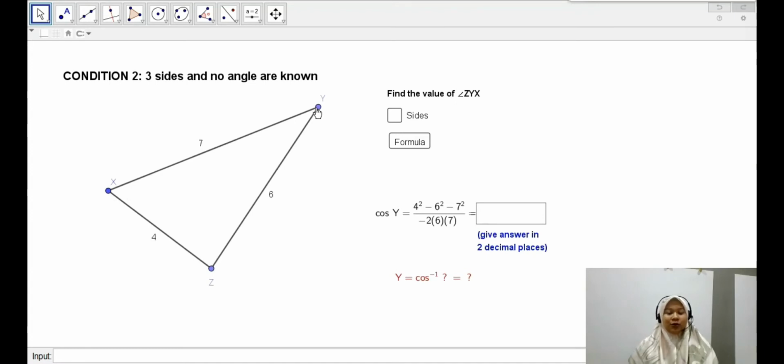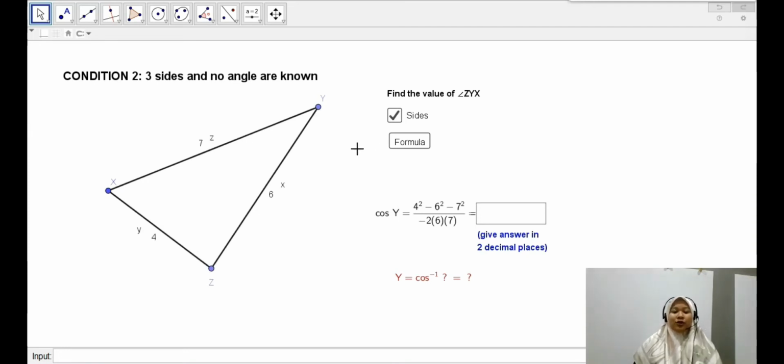Same step as the previous condition, we have to identify the names of the sides first. The opposite side to vertex X is side x, we write it in small letter. The opposite side to vertex Y will be small letter y, and the opposite side for vertex Z will be small letter z.